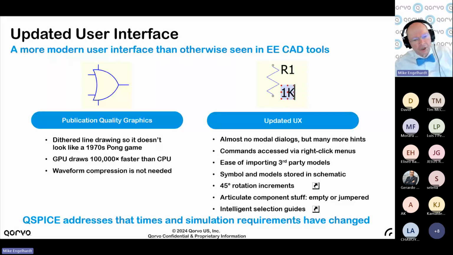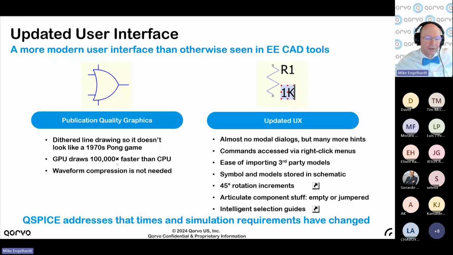The other thing that the GPU does is that not only does it draw faster, it does dithered lines so that you never see a pixel. It will adjust the density of pixels adjacent along the line, so it looks like you painted it with a paintbrush instead of on a computer screen. It's a fairly subtle effect on a 4K monitor, but once you see it, you just can't go back.